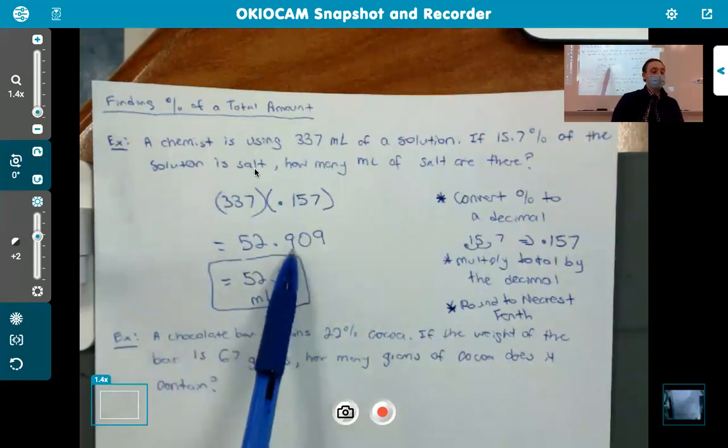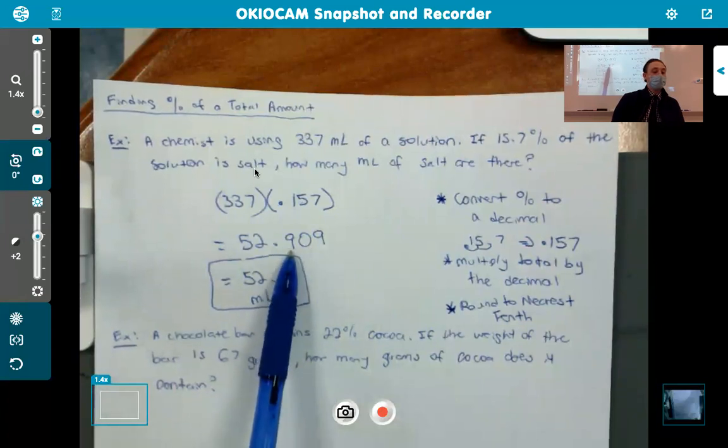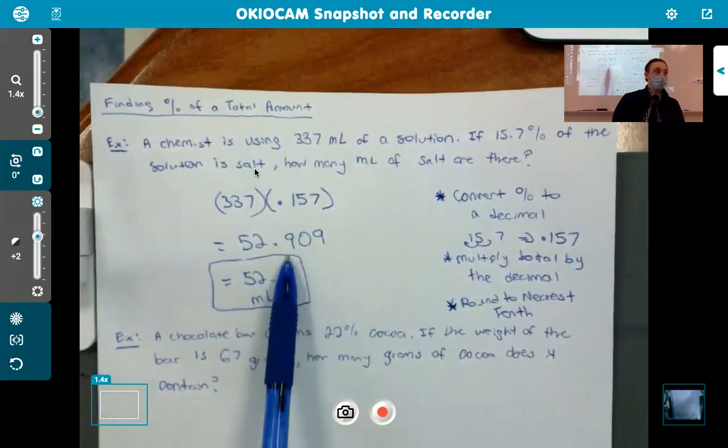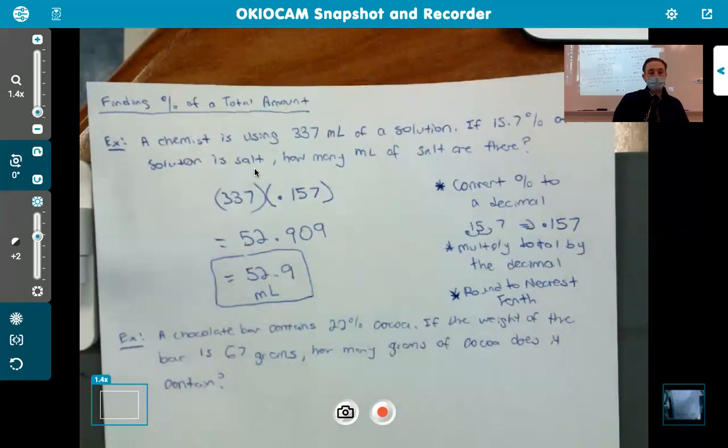Because the number after that tenth spot is less than 4, so this is 0 right here, I do nothing to this value. I just let it go. Any questions about the first example? Everybody good?